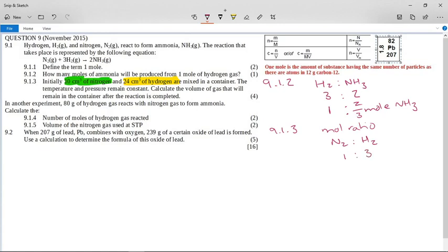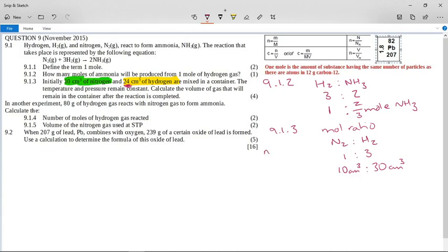So we know, because of Avogadro's law, if we had 10 cubic centimeters of nitrogen, we would actually need 30 cubic centimeters of hydrogen. But if you have a look here, we don't actually have 30 cubic centimeters of hydrogen. We've only got 24 cubic centimeters of hydrogen. That means we've actually got too much nitrogen, okay?